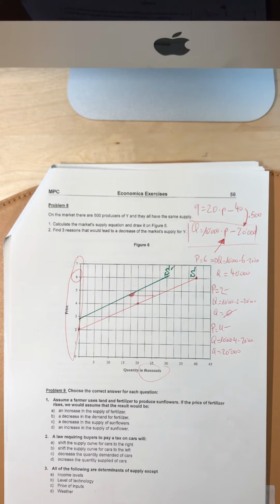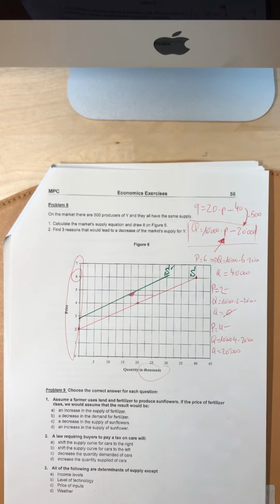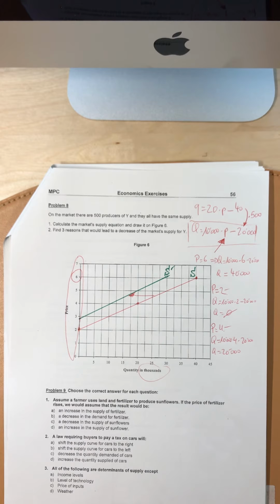Second possibility is a decrease in technology, which is difficult to represent, but for instance, you are a producer of cars and your assembly line is broken, so you have no more technology and you have to build cars by hand. That's a stupid example, but anyway, it could be this way.